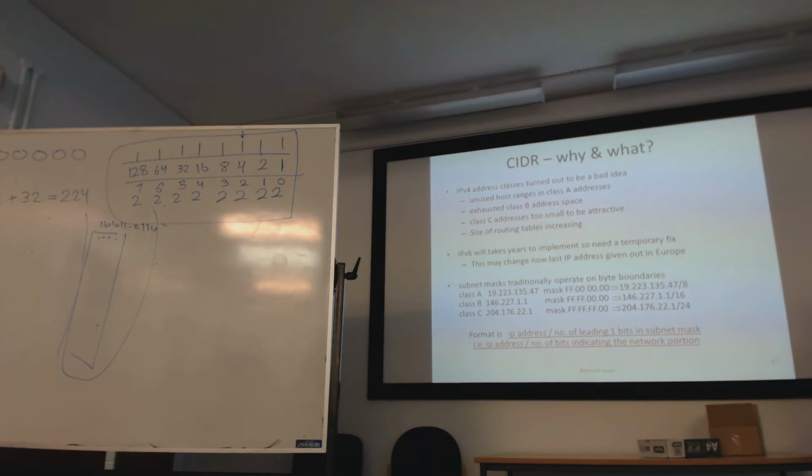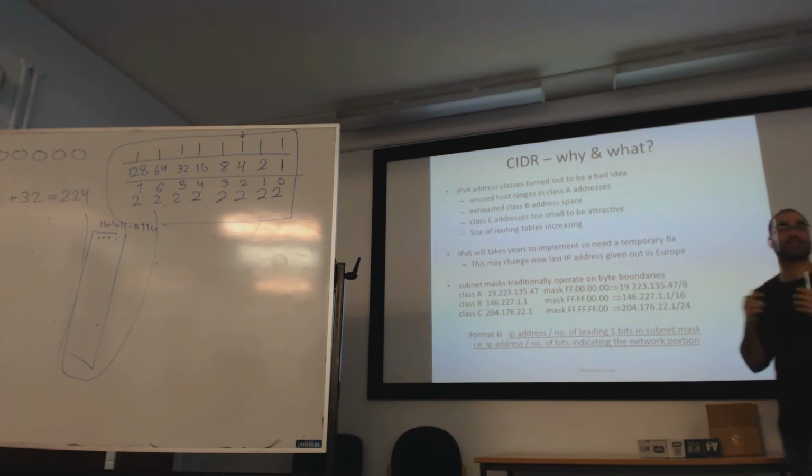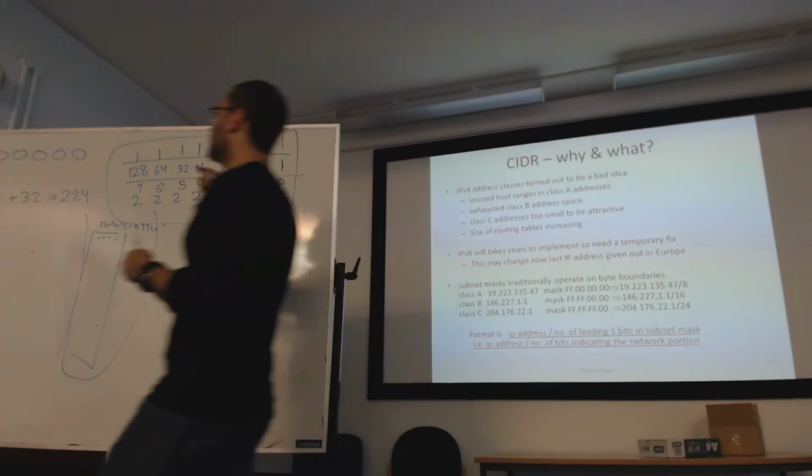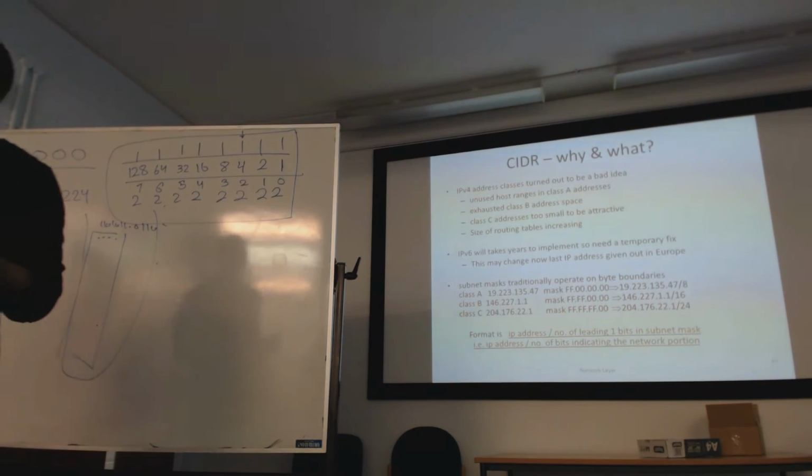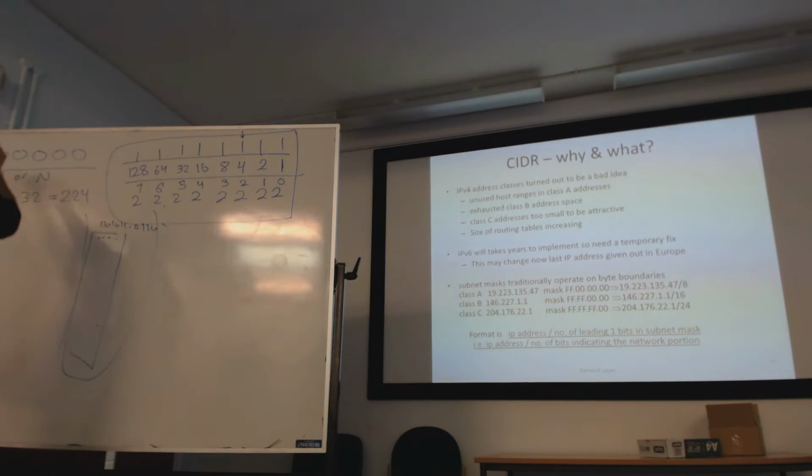Subnet masks traditionally operate on byte boundaries. So when I say classes, each class cannot be a middle mix. When I say class A, that portion is fully either host or network. It cannot be both. If I say this is a host, it should be zeros.